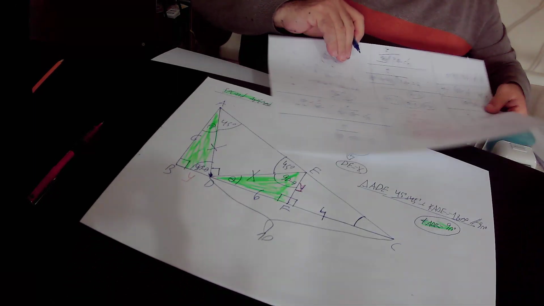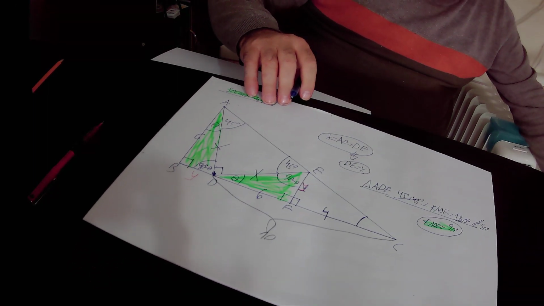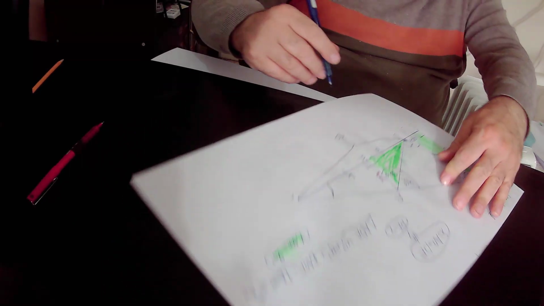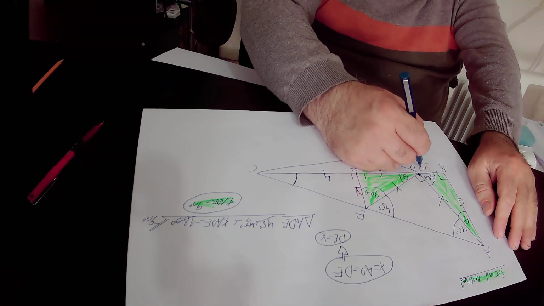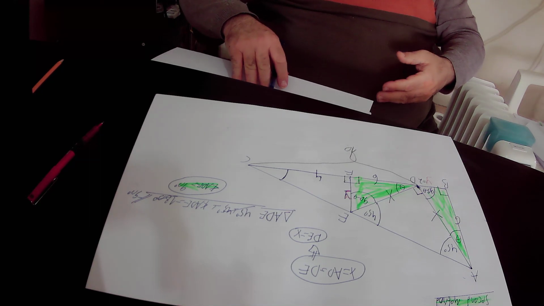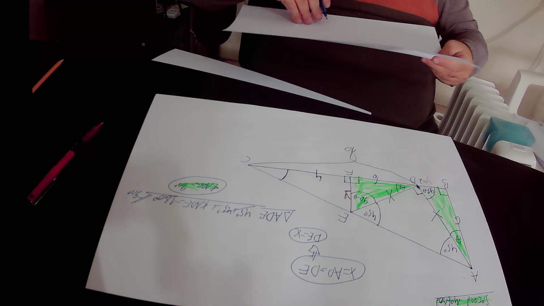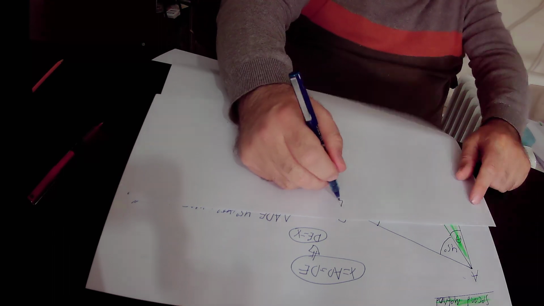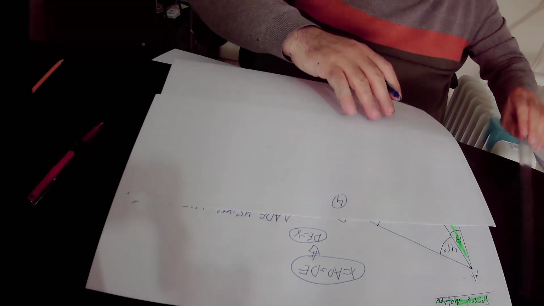So here we know that y is equal to 2 units. So we copy the right triangle, triangle ABD, and we will implement the Pythagoras theorem on the right triangle, triangle ABD.